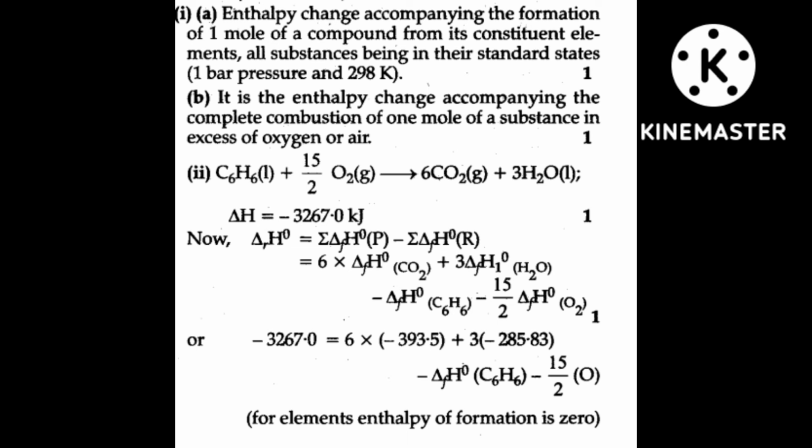If you directly burn C plus O2, complete burning from initial to final, the value was minus 393. But step-wise, C plus half O2 to CO, and again CO plus half O2 to CO2, so two steps are there.